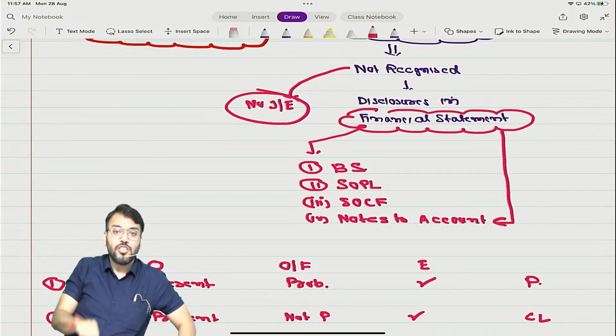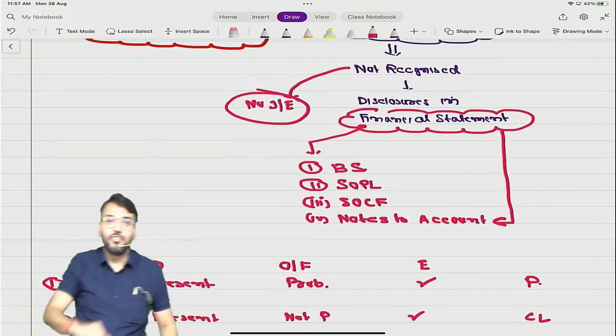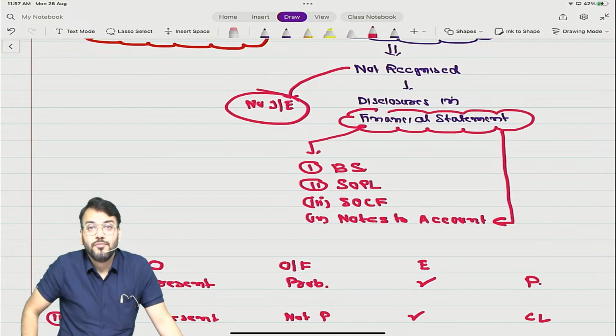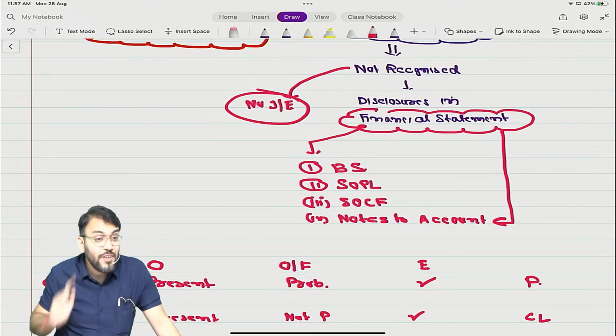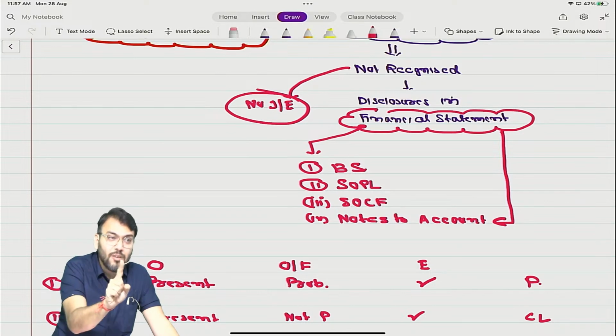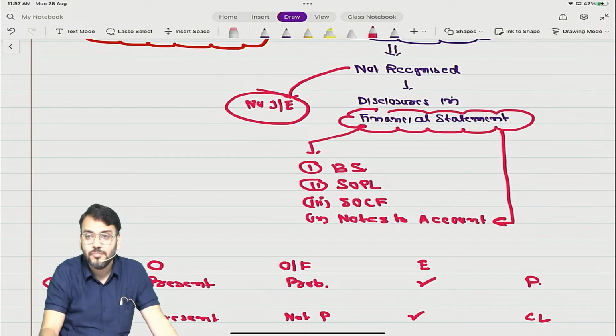But in financial statement, you can't disclose what? Contingent asset. So my question to you all: the provision, do you recognize or disclose? Recognize. And contingent liability, will you disclose or recognize? Where? In notes to account. Notes to account means financial statement. Contingent asset, do you recognize or disclose?